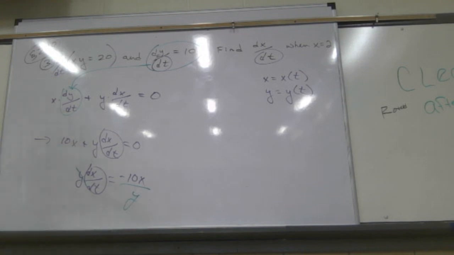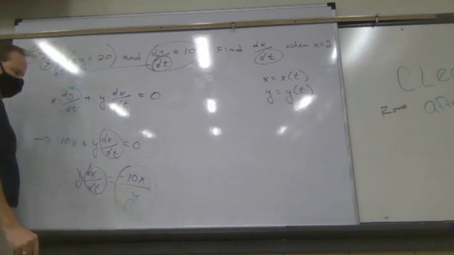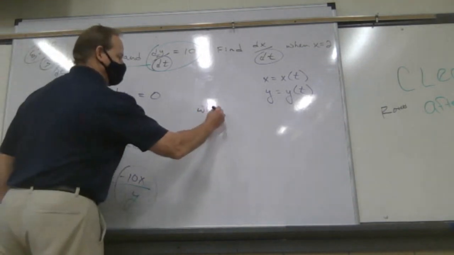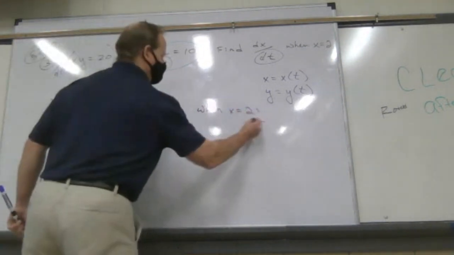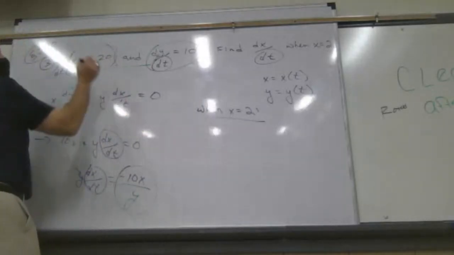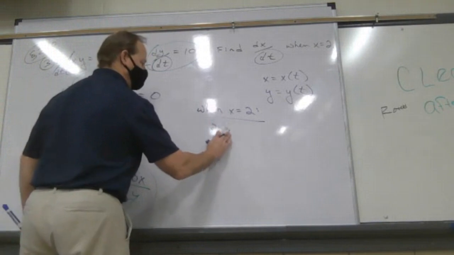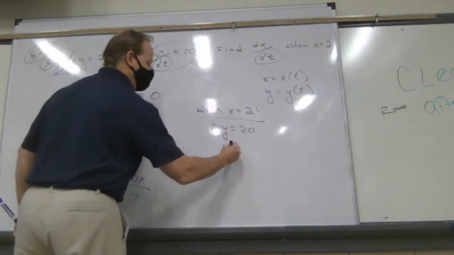So if x equals 2, what's y? I can plug into my original equation: 2 times y equals 20. So y equals 10.